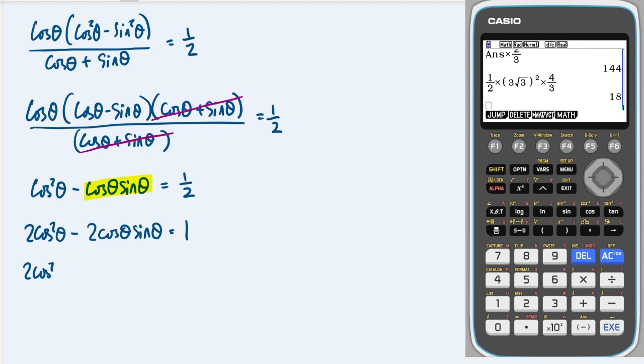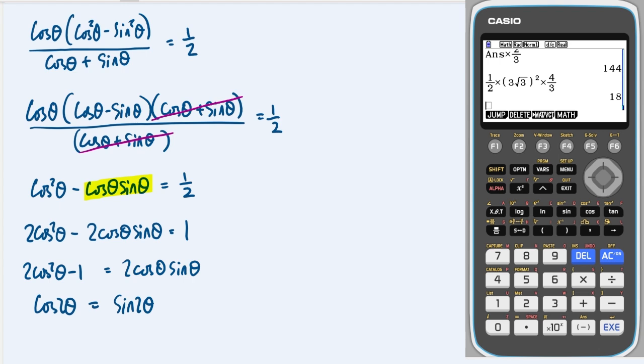So what I could do is I can minus the 1 over to this side, and I can move this one over to that side. Because 2 cos squared minus 1 is cos 2 theta, and 2 cos theta sine theta is sine 2 theta. Okay, great.